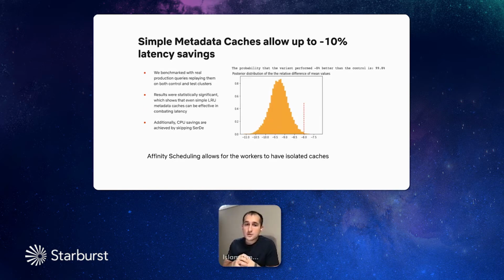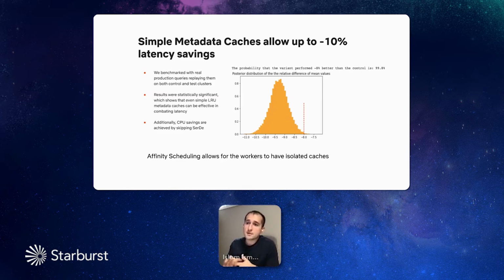I wanted to check if these results hold up, if they're statistically significant, or if it's just something we see on the benchmark, or if they're actually applicable in the real world. So we set up 2 clusters, control and test, and ran the same queries over and over with configurable repetition. We wanted to see how this plays out in our production traffic, not on some synthetic benchmark.